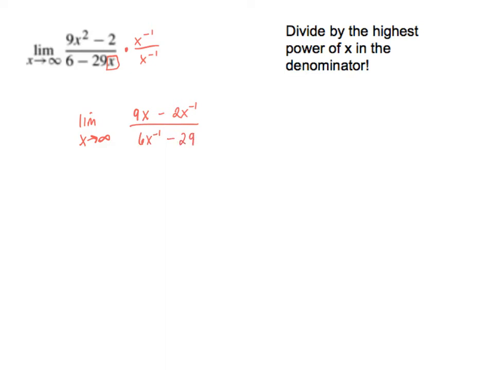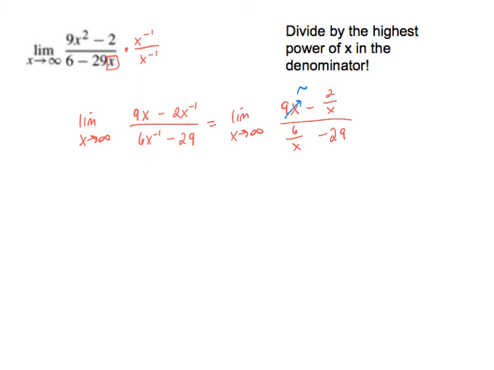Now we need to analyze what will happen at each of these terms as x grows to infinity. So I'm going to rewrite as a complex fraction here. Now if I input infinity to each of these terms, the first term is 9 times infinity.